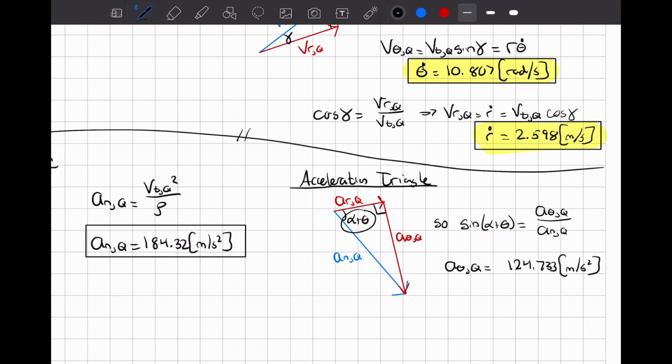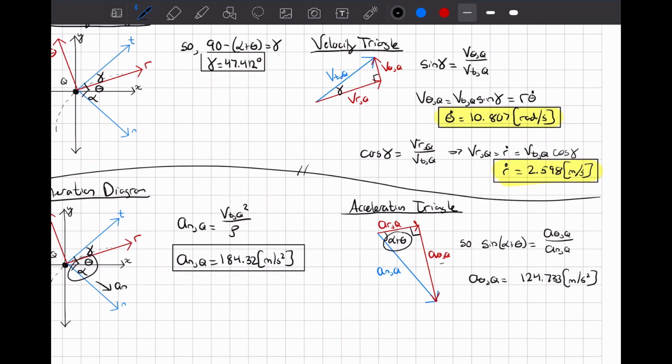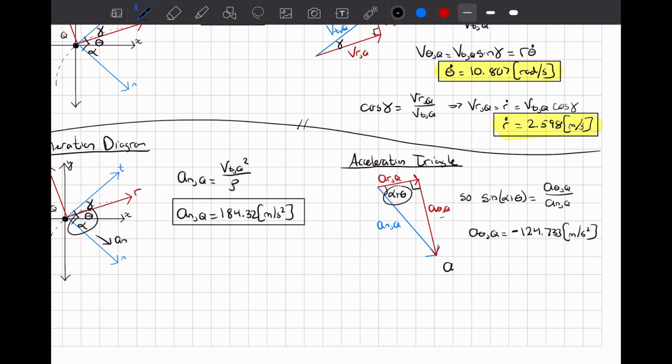Using simple trigonometry, we can write out an expression with the sine of the angle to calculate the acceleration in the theta direction. Note that we have that negative sign because it actually points in the negative direction with respect to how we define our coordinate system in the acceleration diagram.